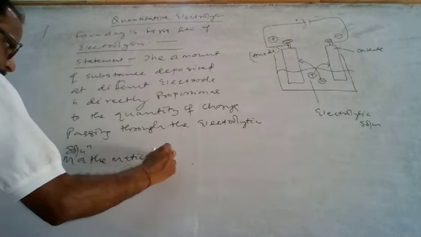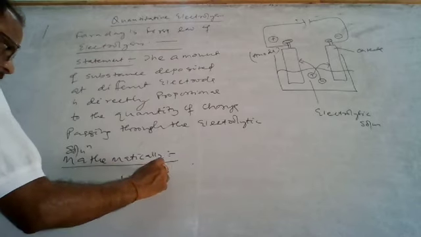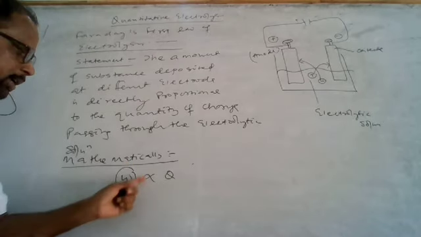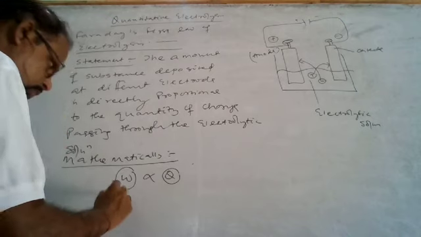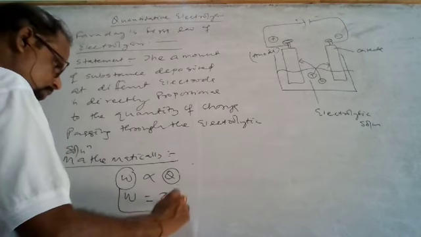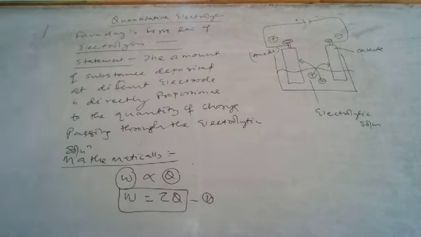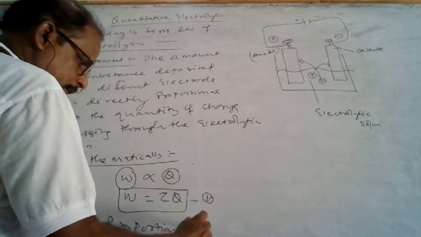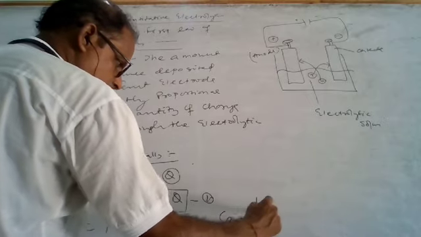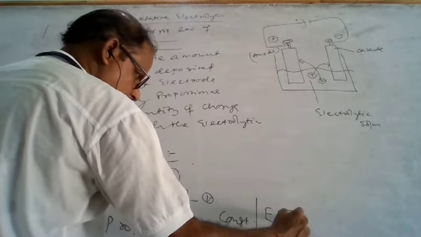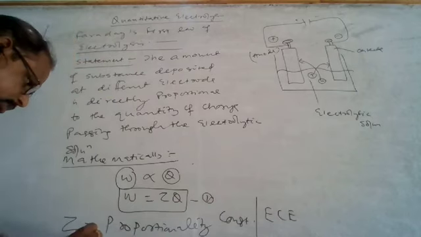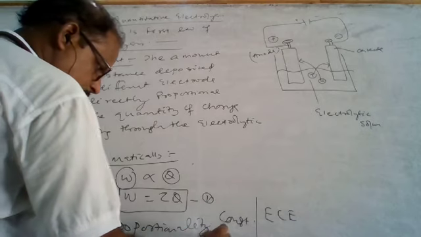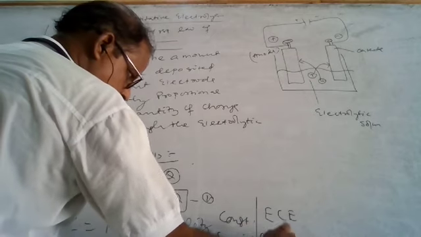Mathematically, how to do that? W is directly proportional to Q, so W is equal to Z times Q. Z is the proportionality constant, which is called the electrochemical equivalent of the substance deposited.